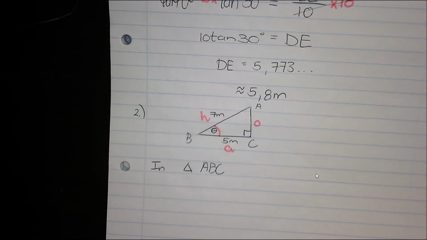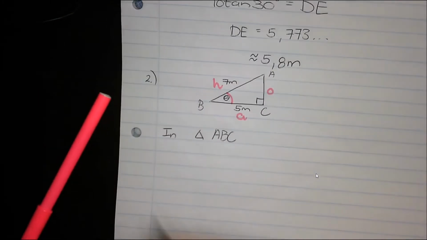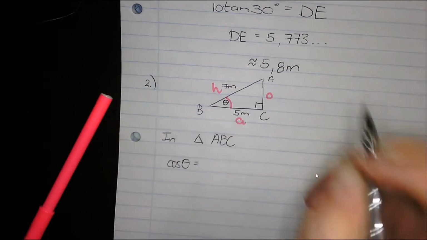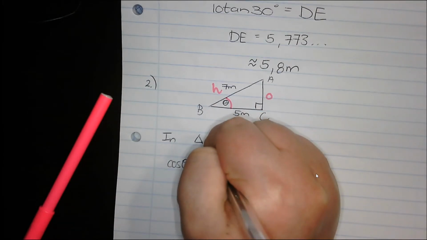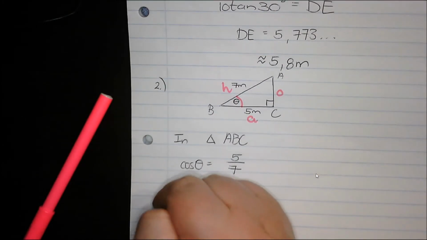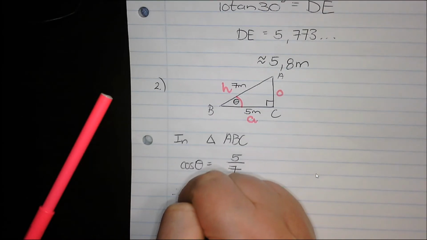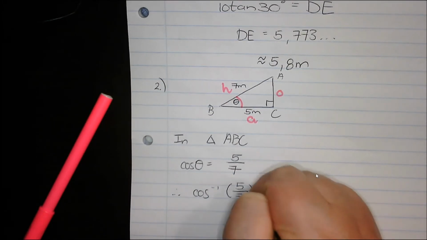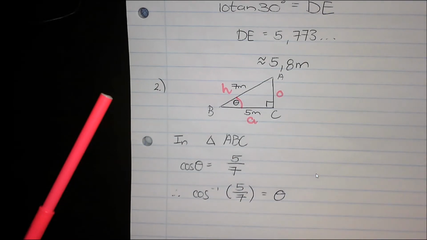So we have adjacent and hypotenuse, so we want to work with cosine. Cosine of theta is adjacent, which is 5, over hypotenuse, which is 7. That means that the inverse of cosine of 5 over 7 is going to give us the angle theta.